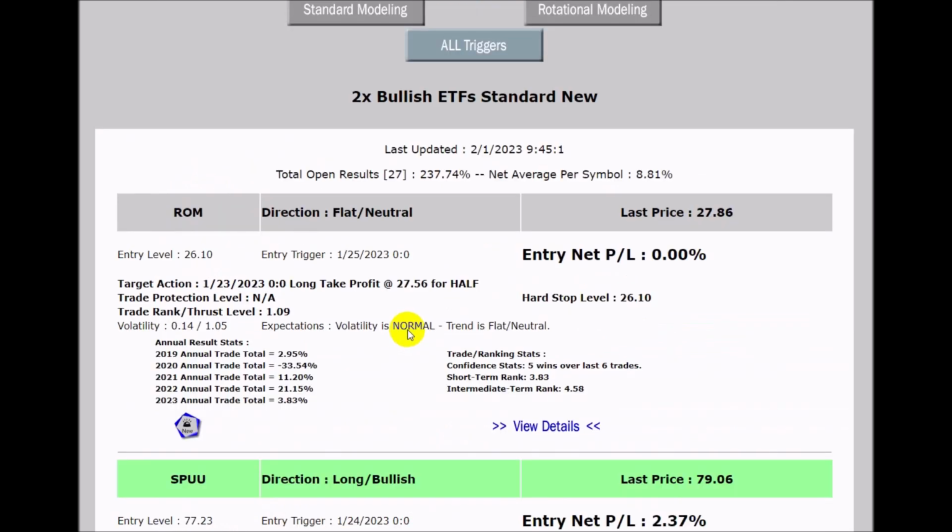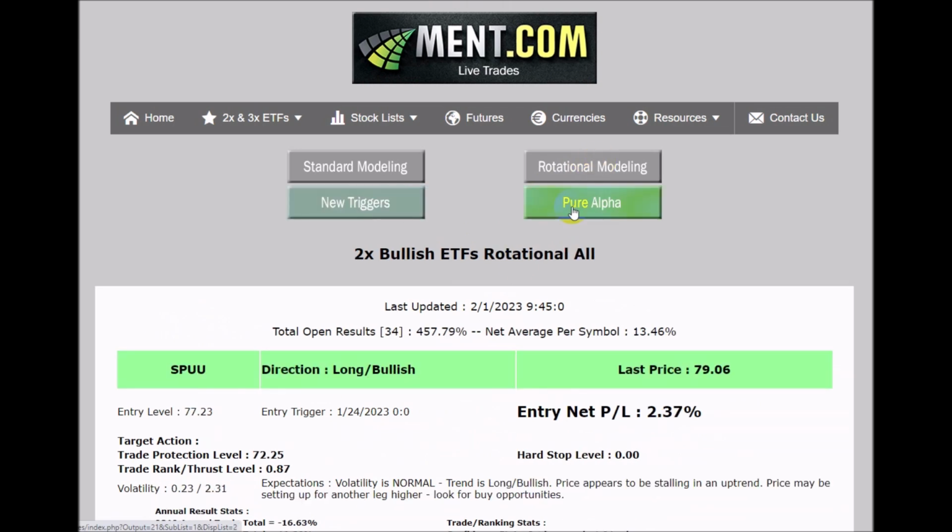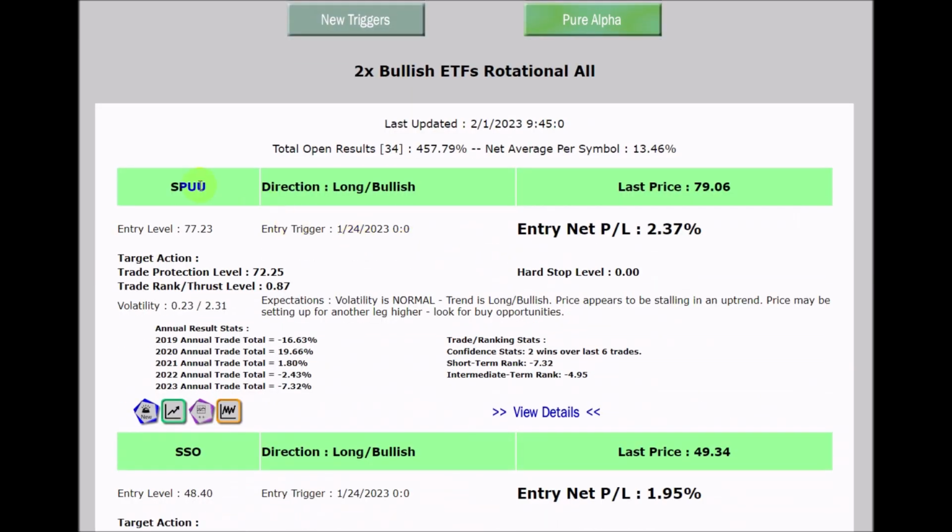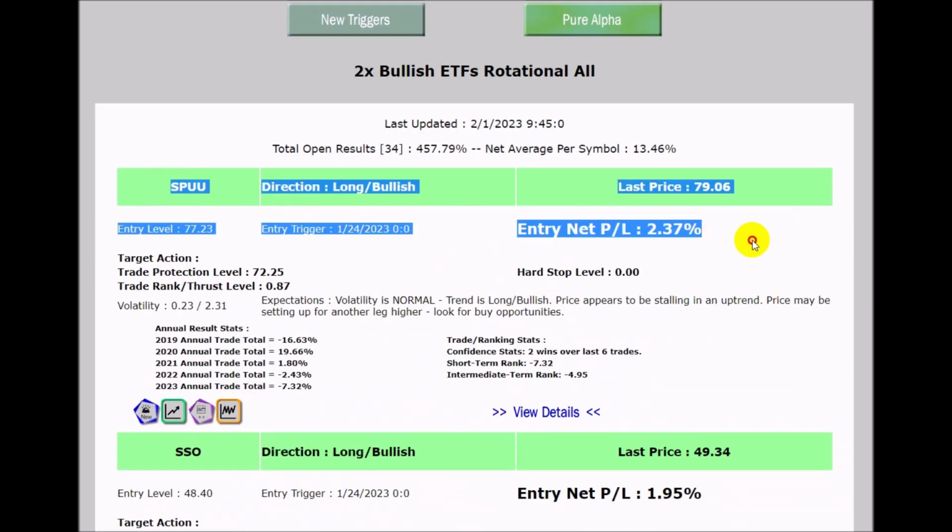So first off, what I would do is come up and take a look at the rotational modeling system. Rotational modeling system for SPUU is bullish, perfect. The rotational modeling system gives us a long or short, always in trend following system.